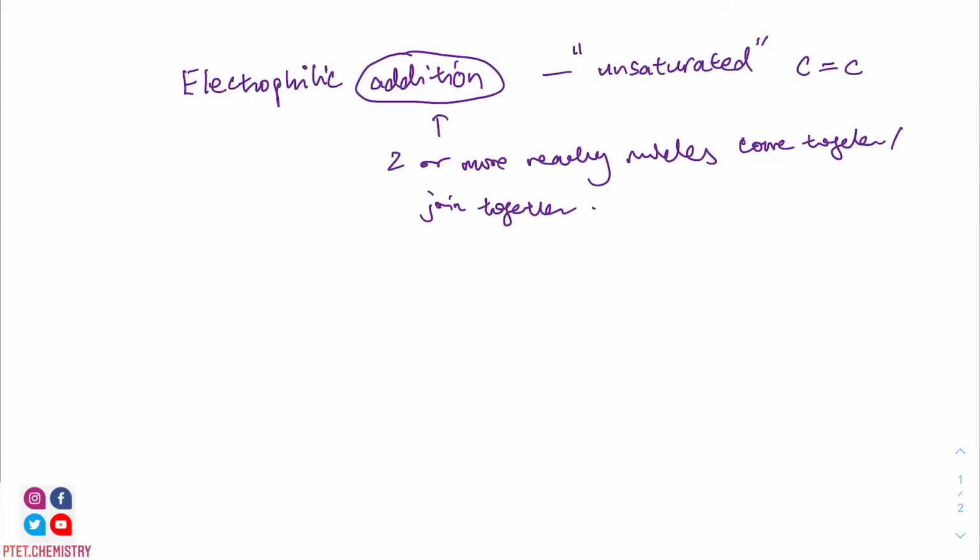So you end up with a lesser number of molecules than what you started with, because you join two or more reacting molecules together. Typically, this just involves two reacting molecules. Those are very simple cases, yeah? But in general, addition just means you combine together, you join together reacting molecules, okay?